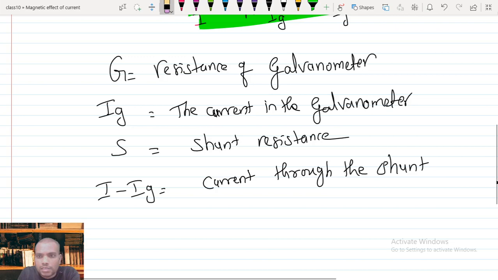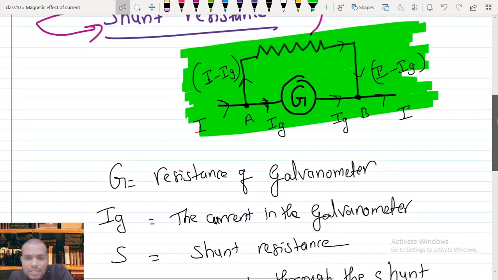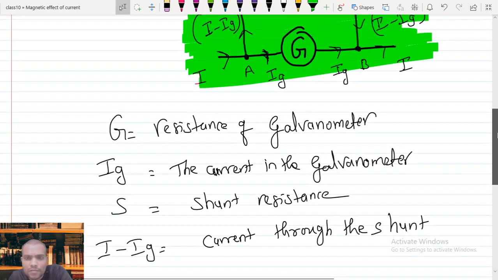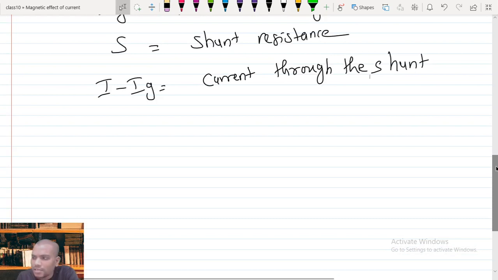Now if you measure the potential difference across the galvanometer and the shunt resistance, since they are both in parallel, the potential difference across the galvanometer is equal to the potential difference across the shunt.